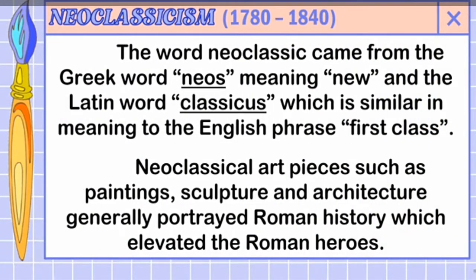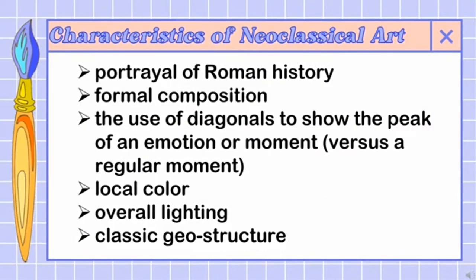It starts in the year 1780 to 1840. The word neoclassic came from the Greek word neos, meaning new, and the Latin word classicus, which is similar in meaning to the English phrase first class. Neoclassical art pieces such as paintings, sculpture, and architecture generally portrayed Roman history, which elevated characteristics of neoclassical art.